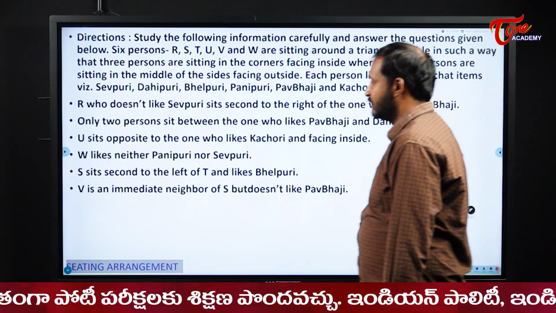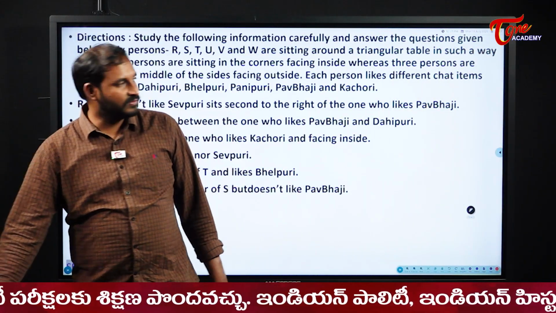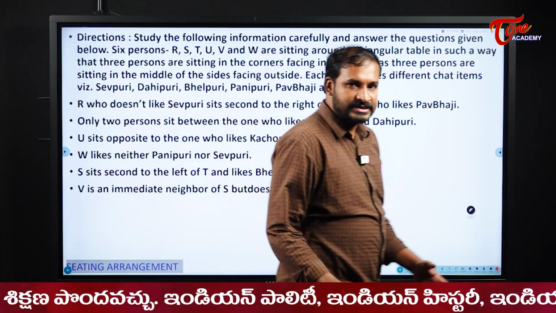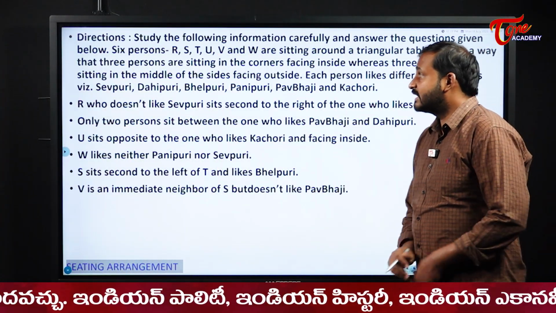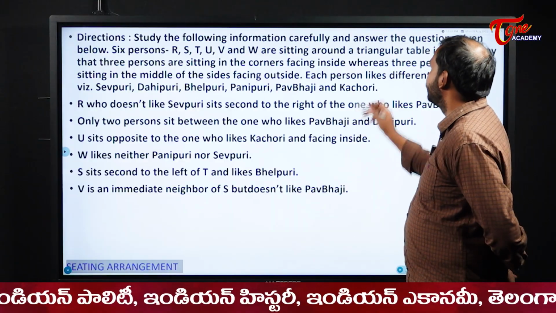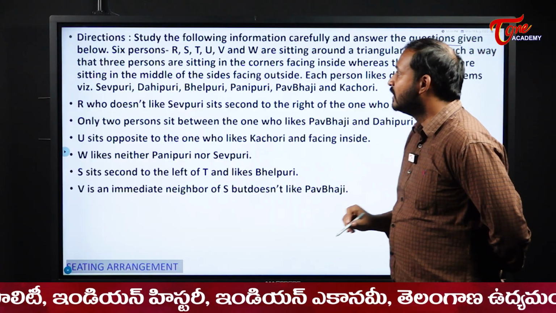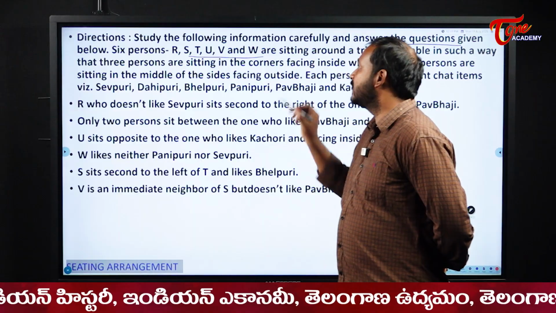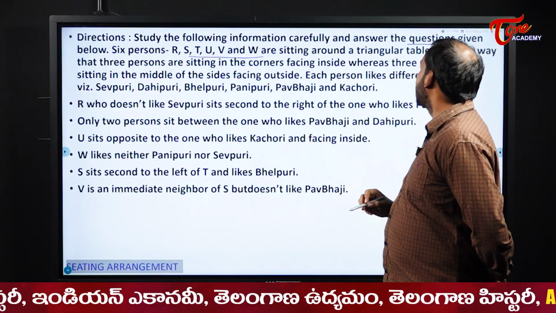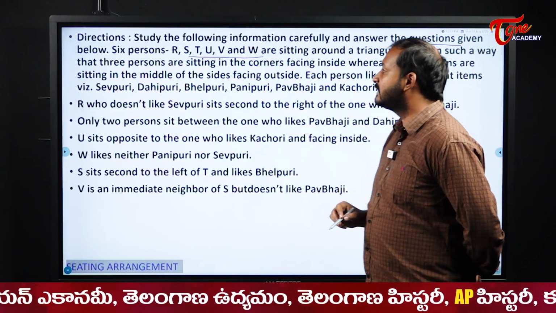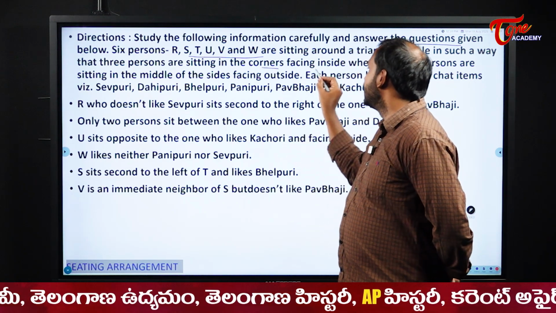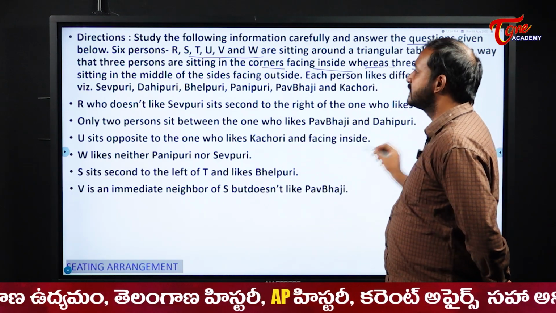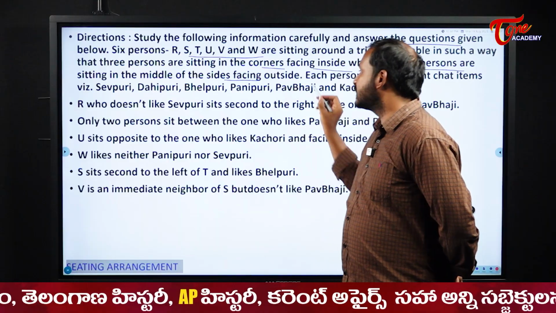Next logic, next one. Now see here, once again the same model of question, a different question. Direction: study the following information carefully and answer the questions given below. 6 persons R, S, T, U, V and W are sitting around a triangular table in such a way that 3 persons are sitting in the corners facing inside, whereas 3 persons are sitting in the middle of the sides facing outside.